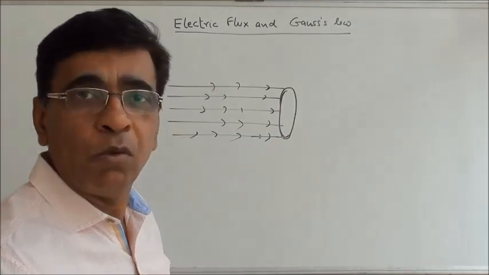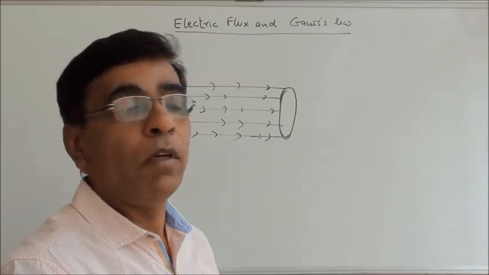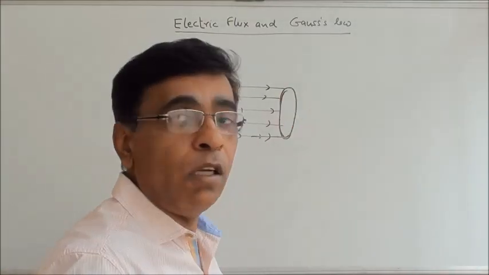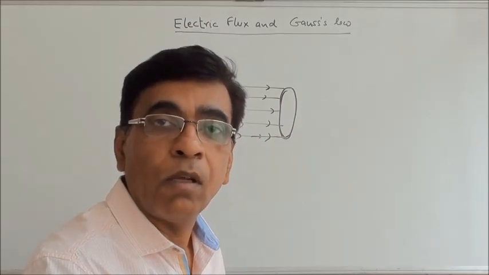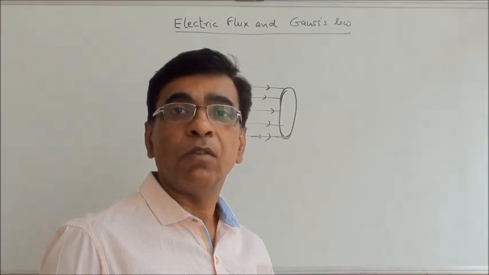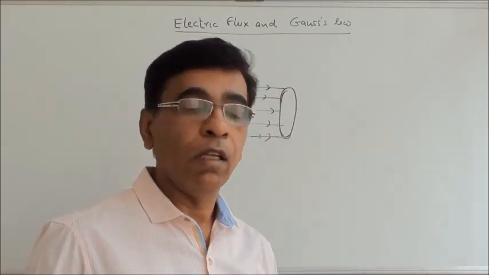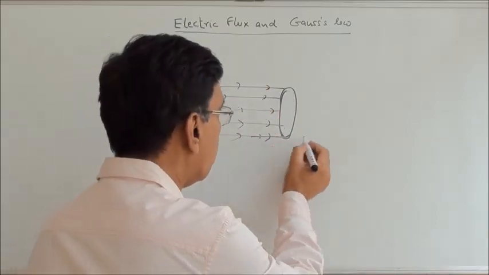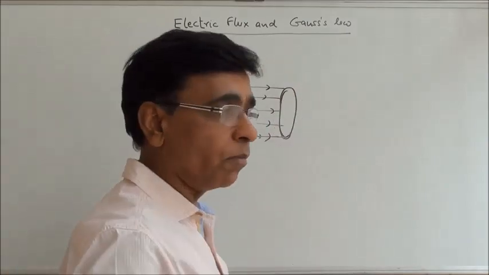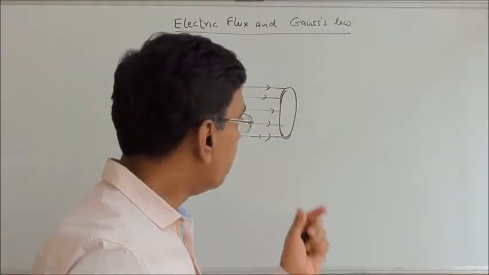Now, if I want to calculate the volume of liquid passing through this area in 1 second, how will we calculate it? Actually it's a cylinder, and if I have given you uniform cross-sectional area everywhere, then it's very simple.